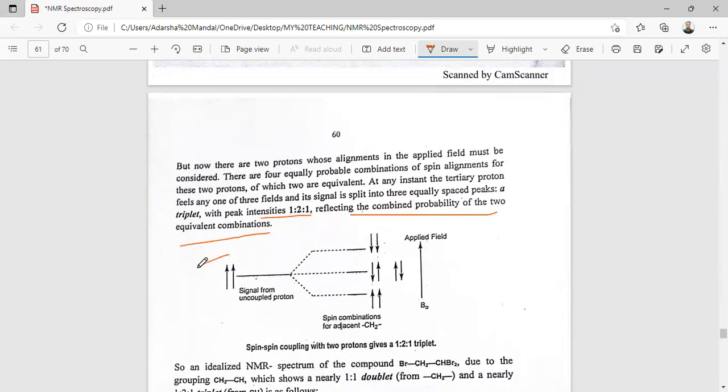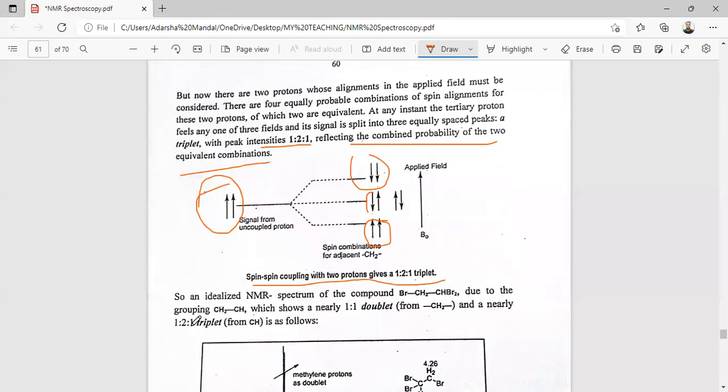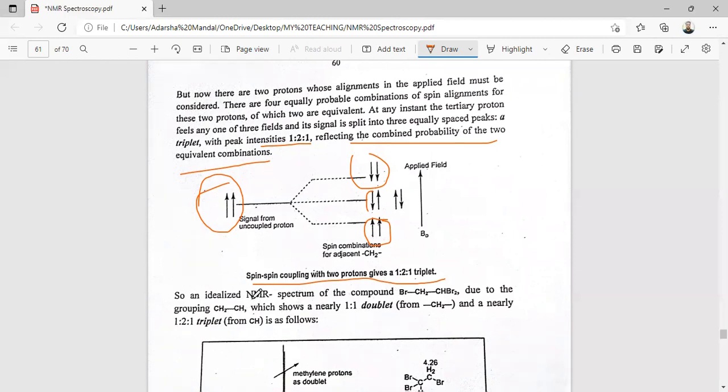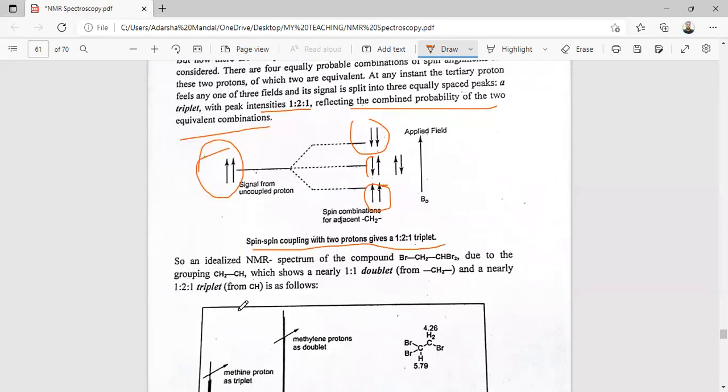So here these two secondary protons will align in a total of four ways: both up, one up one down, one down one up, and both down. So it will come as a 1:2:1 triplet. The idealized NMR spectrum of the compound, due to the grouping CH2 and CH, shows a 1:1 doublet from CH2 and a 1:2:1 triplet for CH.